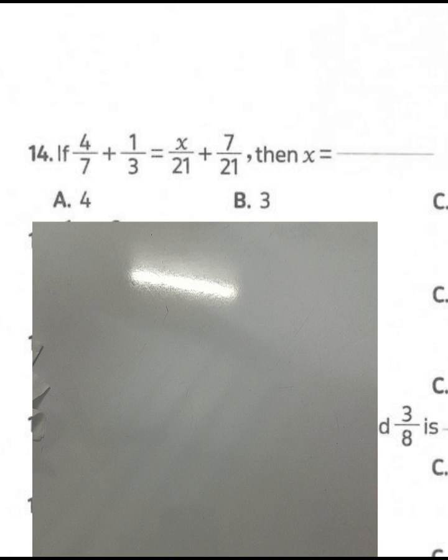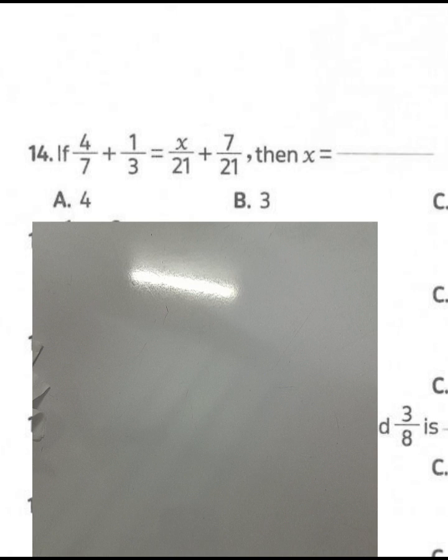We have here question 14: 4 over 7 plus 1 over 3 equals x over 21 plus 7 over 21. In this example, we want to find the value of x.